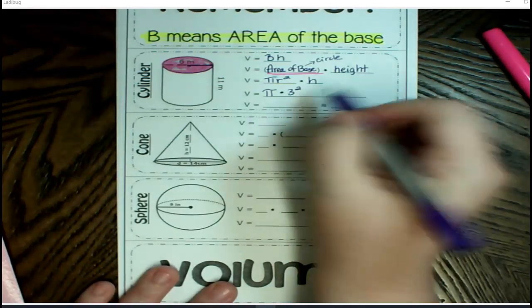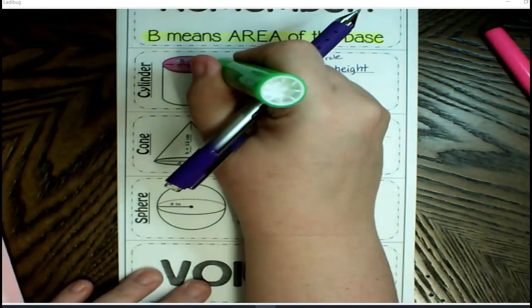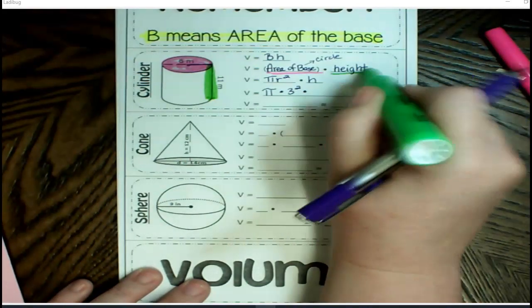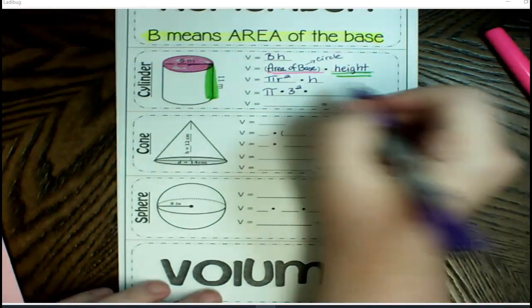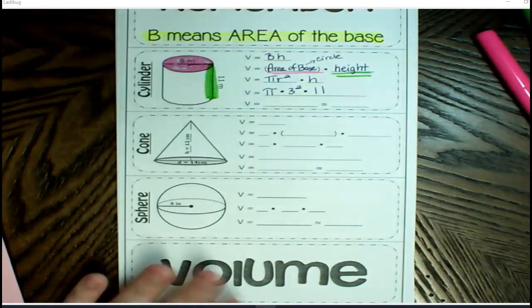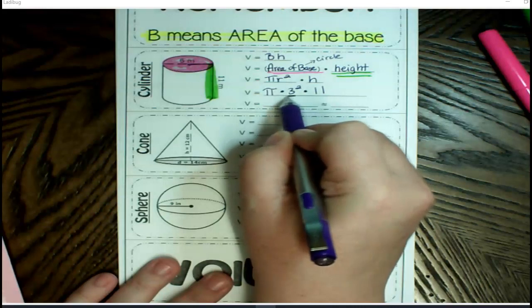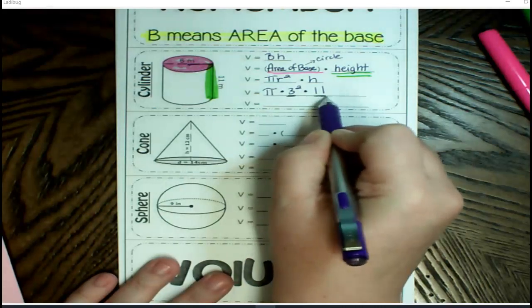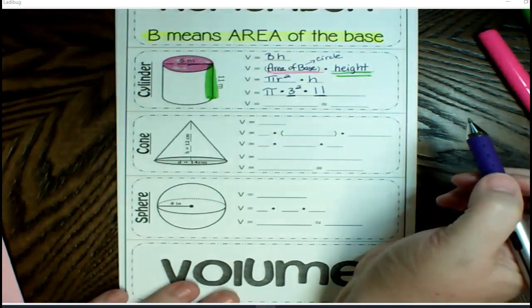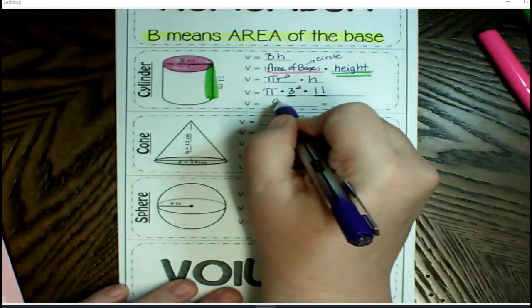So 3 squared times, what is my height? 11. The height is how tall is your prism, or your cylinder in this case. So times 11. Now, what we want to do first is multiply the numbers. So you can use your calculator if you need to. Tell me, what is 3 squared times 11? 99.